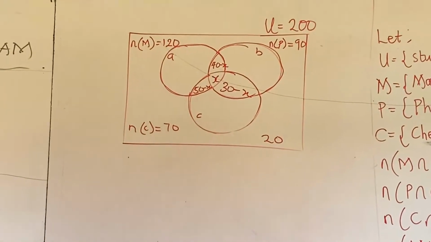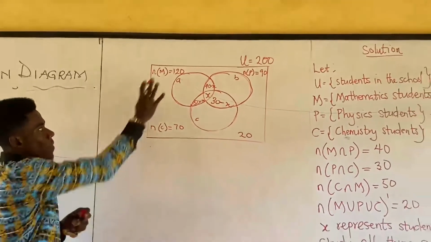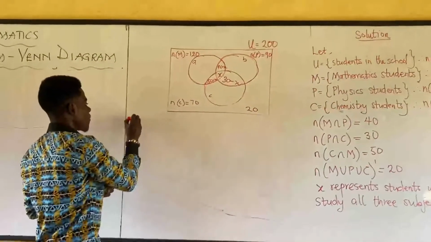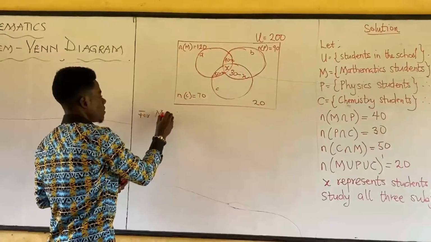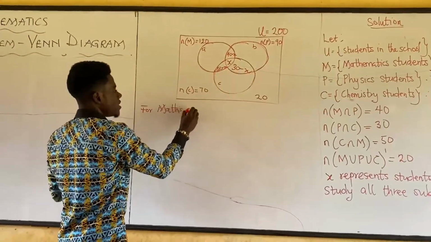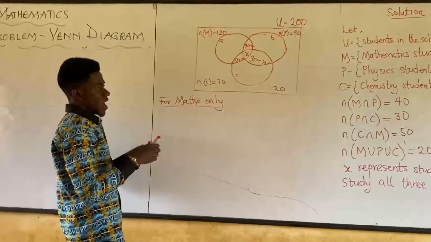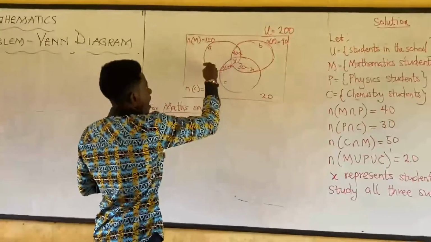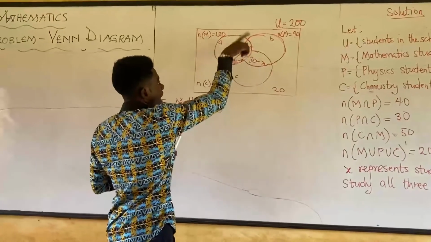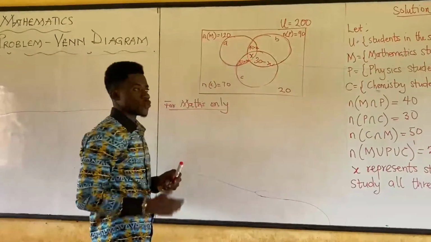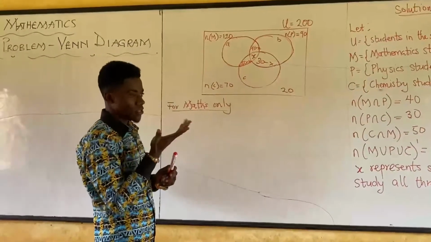So now you solve for mathematics only. As I said, when you sum everything in this oval up, it should give you 120. So we are going to use that ideology.